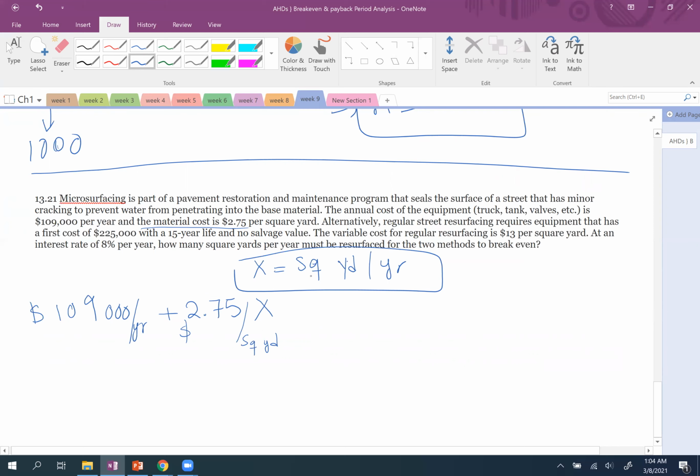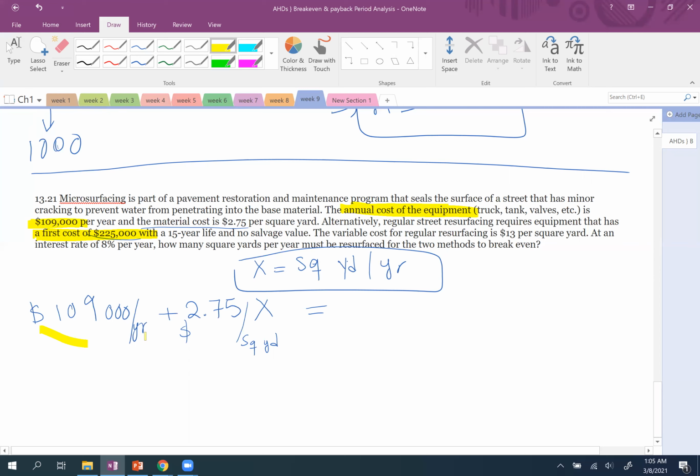And it should be equal to the second option, which has a first cost of 225. Something that you have to pay attention to is that this is the first cost of 225K, but the 109 that we have is the annual cost of the equipment.